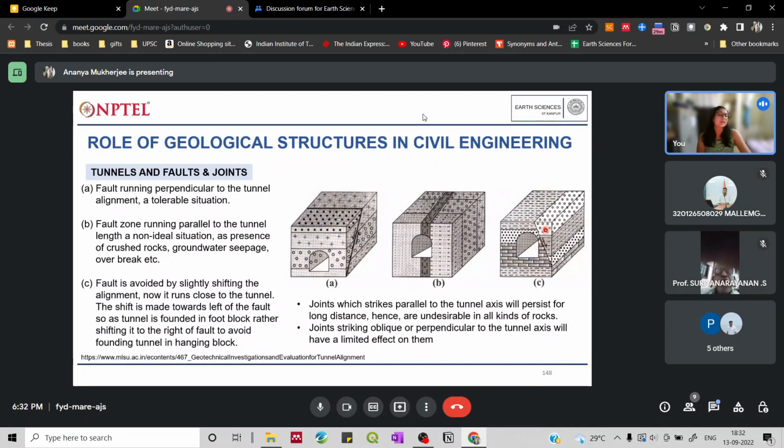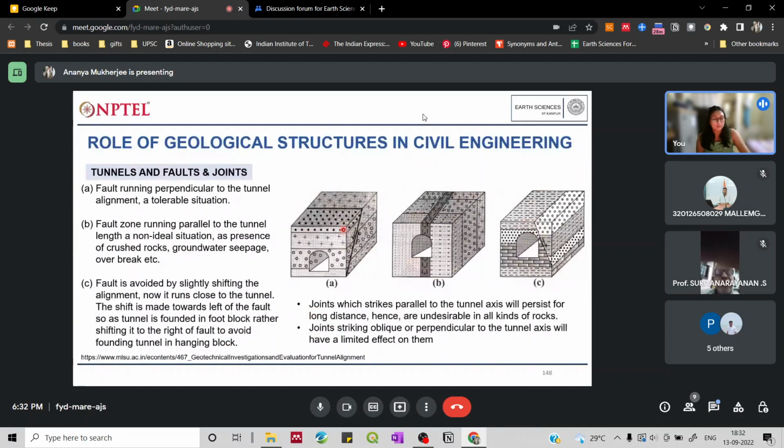And also, suppose you have made different studies and measurements in this area before, and you see that the deformation is mostly only on the hanging wall side, it is not on the footwall side. So this would be a safe option for you to build your tunnel. As we have seen here, the shift is made towards the left of the fault, so the tunnel is founded in the footwall block, and it will avoid the fault that is present here.